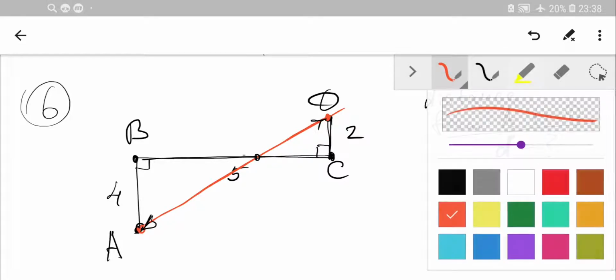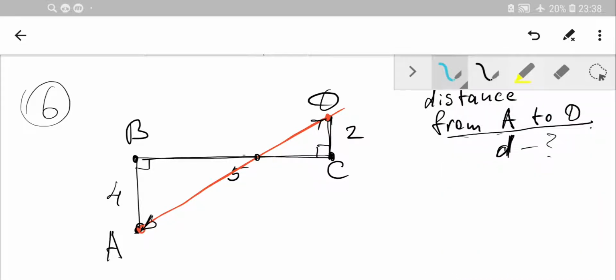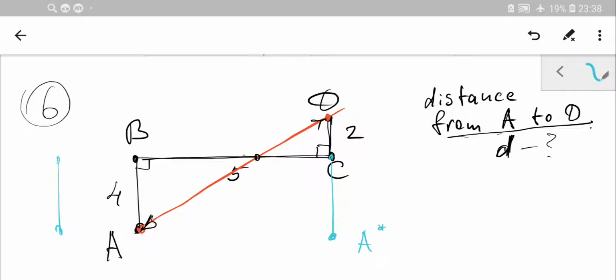So I'll use blue lines to show that. And what if you just take segment AB from here and transfer it to there, okay? So that we have the same length. So actually, B goes to the C point and A goes here, all right? I mark them as A star and B star. Okay, we transferred this segment.